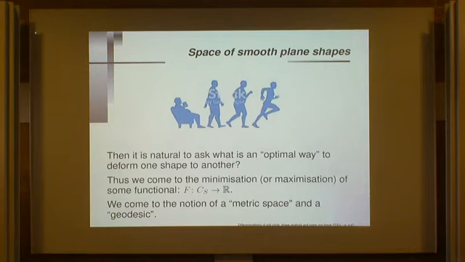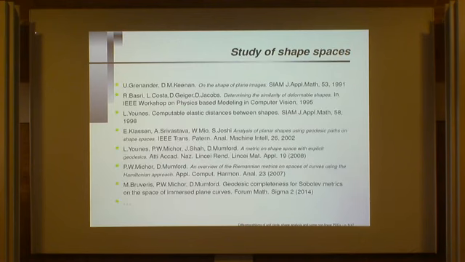And once we have these optimal curves, then we can talk about the distance between points, between these shapes. What is the distance? And then naturally, we come to the notion of a metric space. The points are these shapes, and the distance between them is defined. So this is what people were doing quite a lot of time before we entered that business. And these are some of the initial papers, where people were trying to define this space of shapes rigorously in different forms, in different approximations.